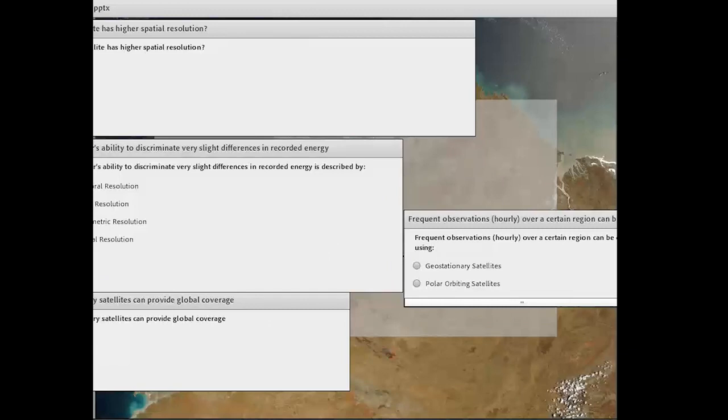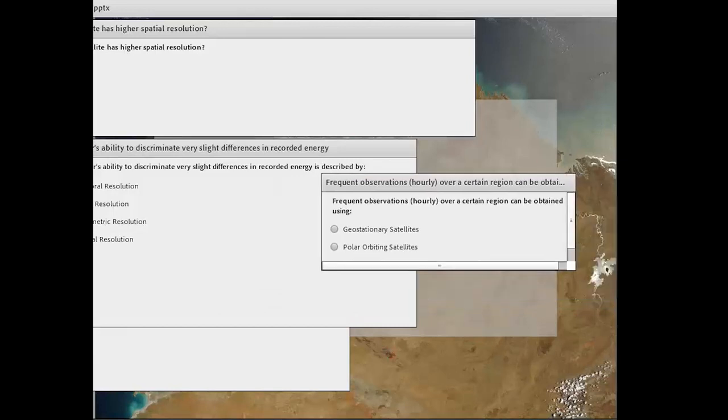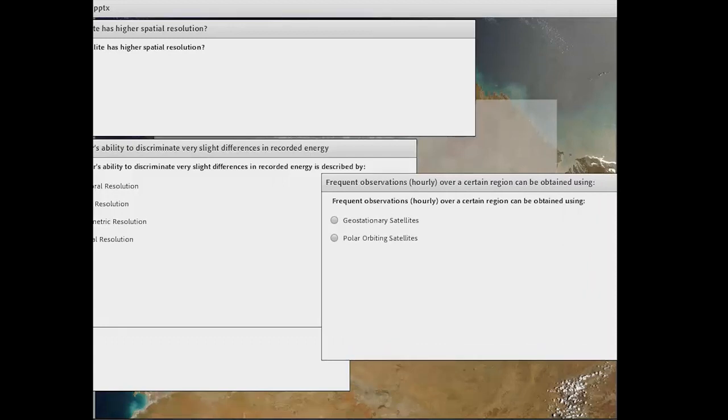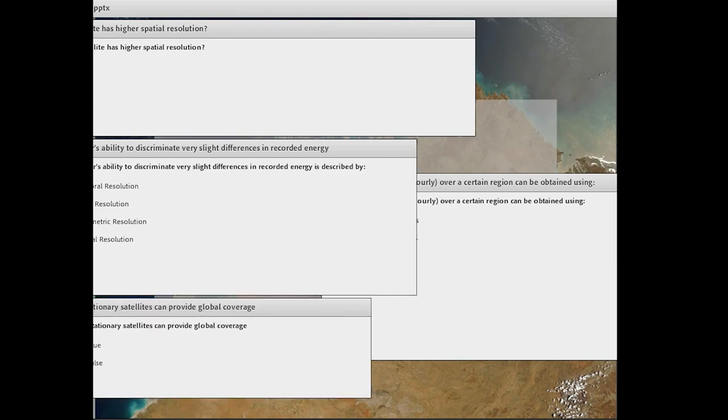Again, the second question is: the sensor's ability to discriminate very slight differences in recorded energy is described as what? We just talked about it. Another question is, frequent observations over a certain region can be obtained by which type of satellite? This depends on whether it's a geostationary or polar orbit.